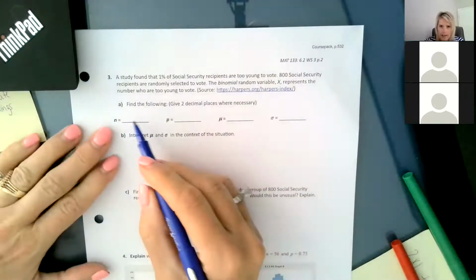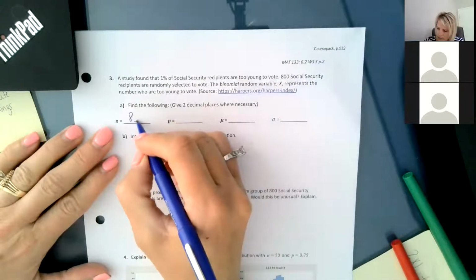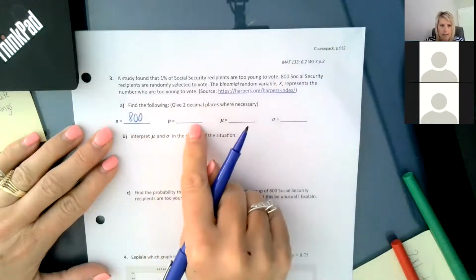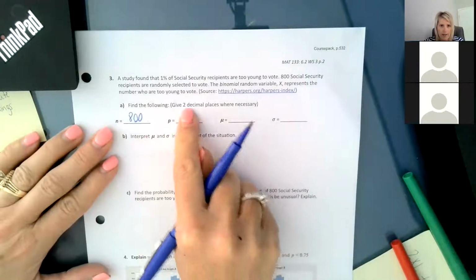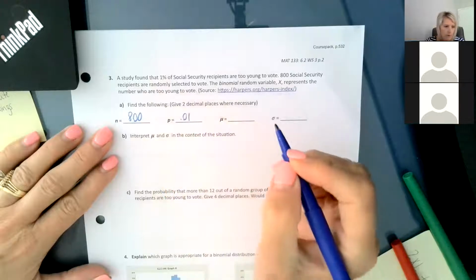So N is the number of people in our binomial experiment, 800. P is the probability of success, and in that case that would be 1%, so 0.01 are too young to vote.